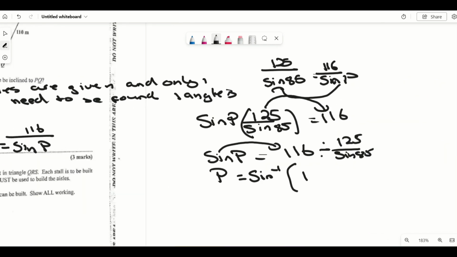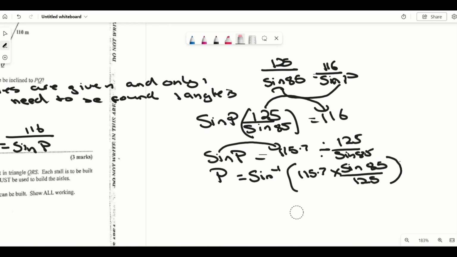Open bracket 116 multiply by sine 85 over 125. Right? Or even if you don't want to have a 116, because we did approximate it, you can put 115.7. Let's just put it 115.7.